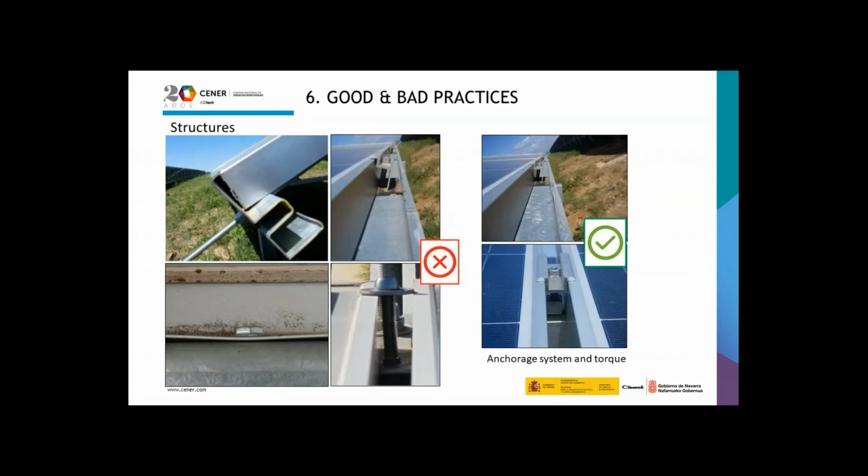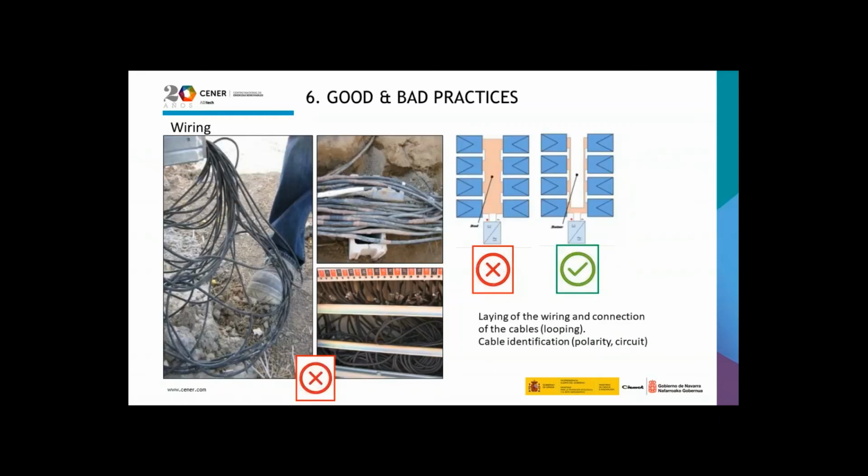In case of mounting of structures, it must be done in the appropriate way with the appropriate materials. The anchored systems and torque must be the correct ones. The wiring must be identified with its polarity and the name of its circuit.